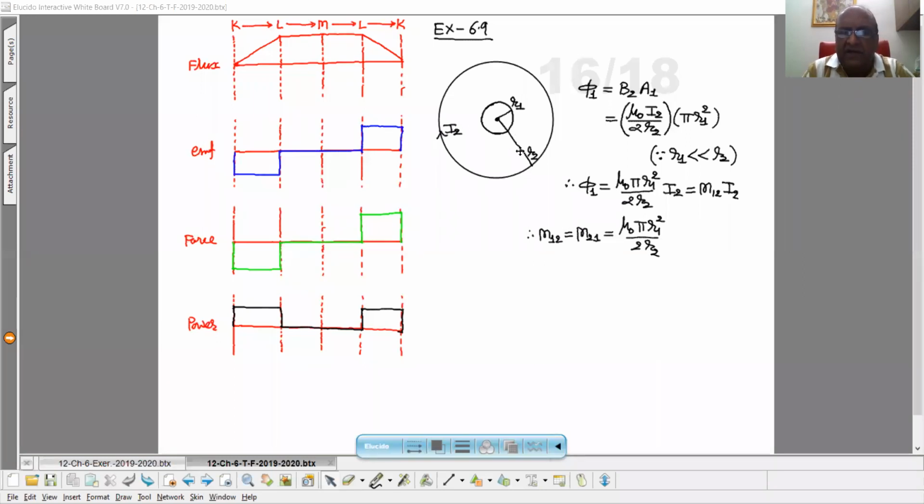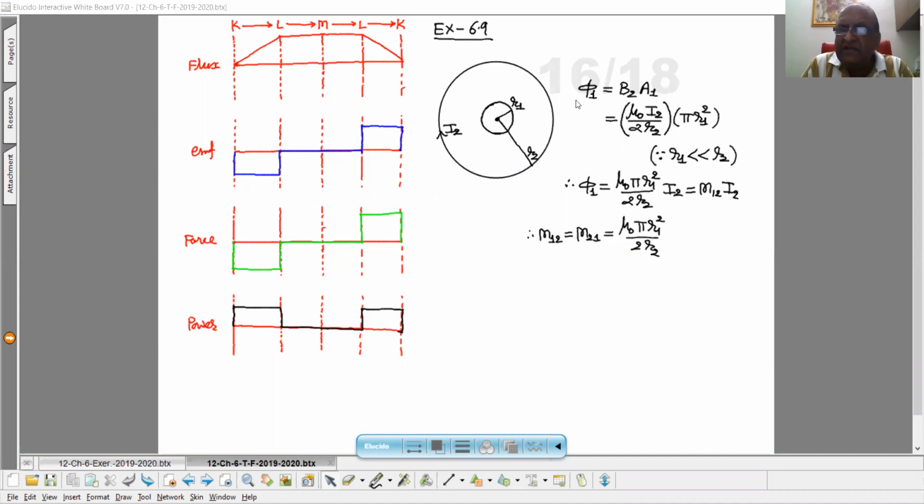Now, if the current I2 is passed through the outer ring, then the magnetic field is produced at its center where the smaller ring is placed. So the magnetic flux associated with the smaller one we can write as phi1 equal to B2 into A1.